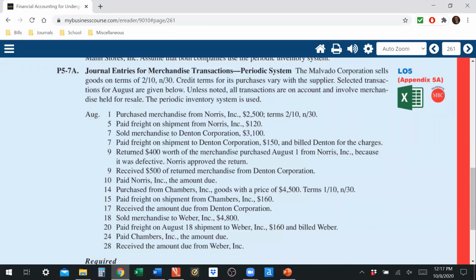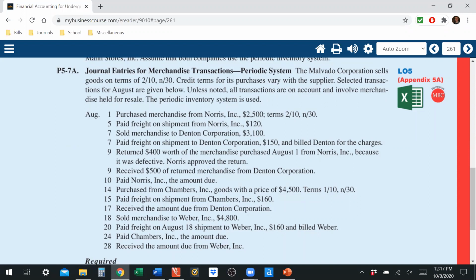So Malvado's intent is to buy stuff, mark up the price and sell it. They're a merchandising company, another name for which is a retailer, like Best Buy, for example. Malvado uses the periodic inventory system.